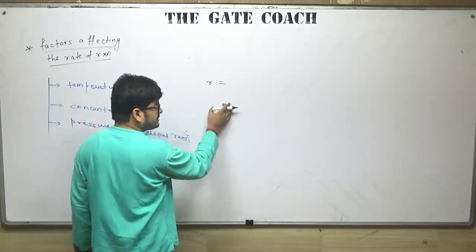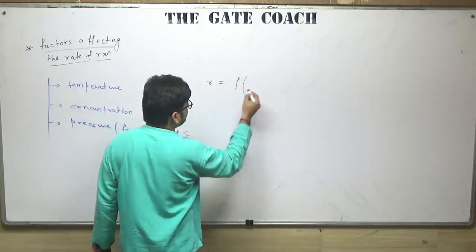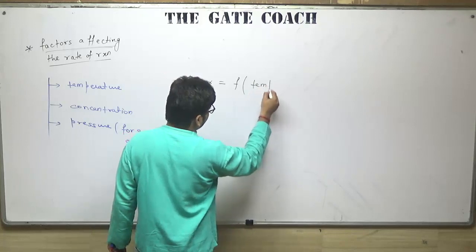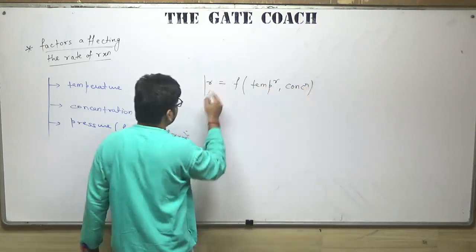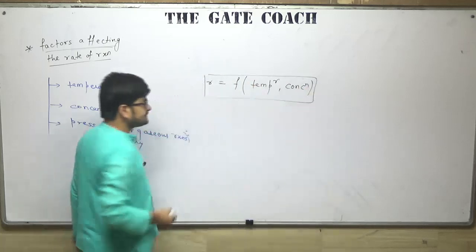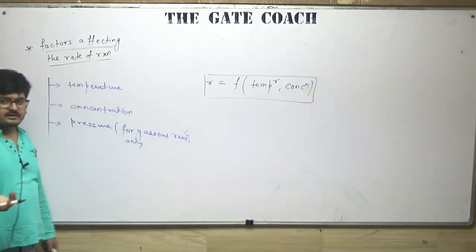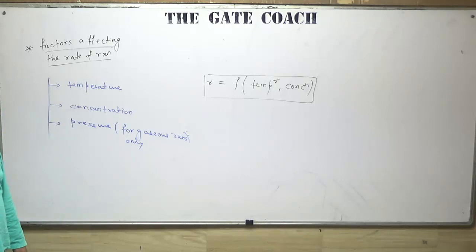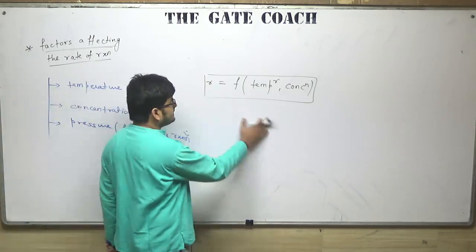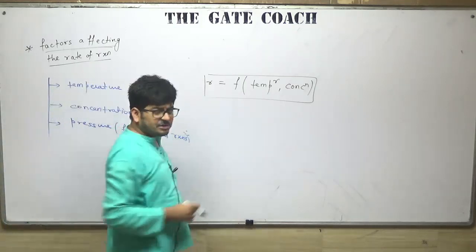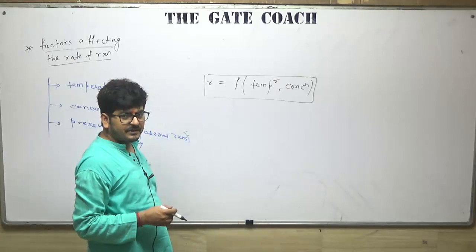So rate of reaction can be related with temperature and concentration mathematically like this. We can write that rate of reaction is a mathematical function of temperature and concentration.